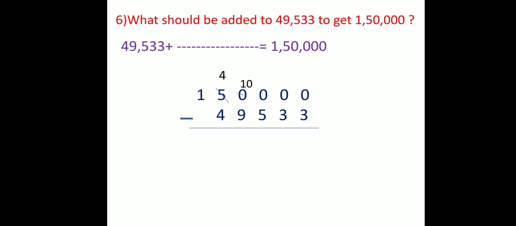Again you borrow from the 10. Then 10 becomes 9, and this 0 becomes 10. Again borrow. Then 10 becomes 9, and the 0 becomes 10. Again borrow. Then 10 becomes 9, and the last 0 becomes 10.